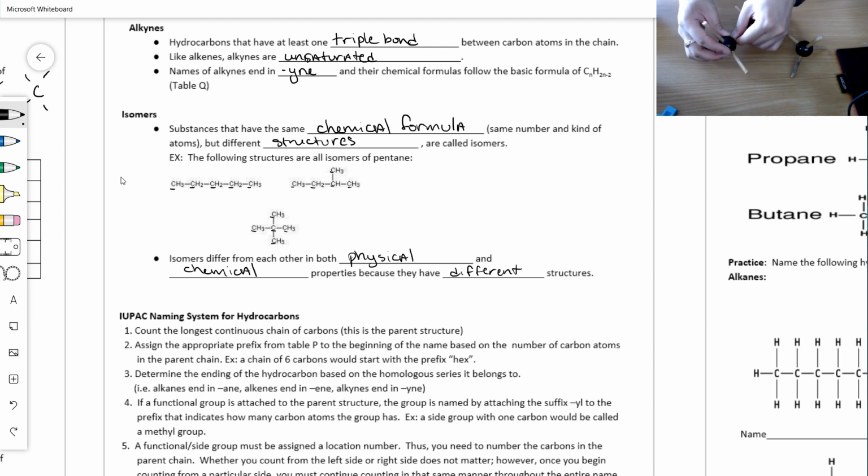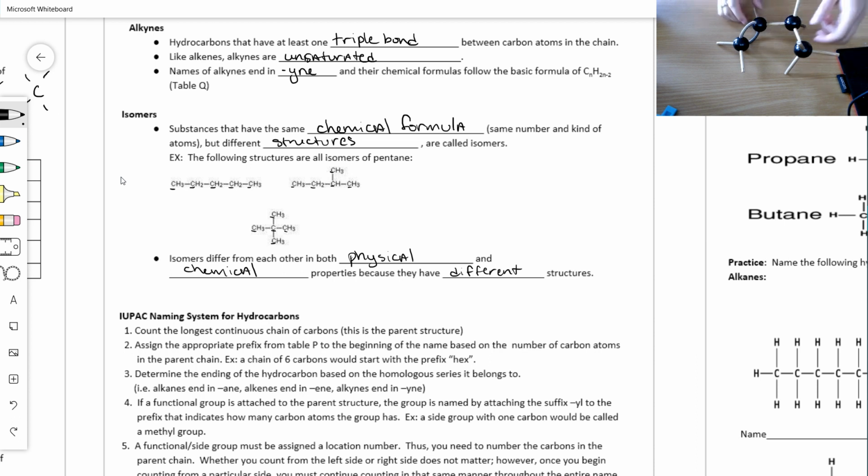But structurally, this structure and this structure act wildly differently. They do wildly different things. In fact, not even just that.